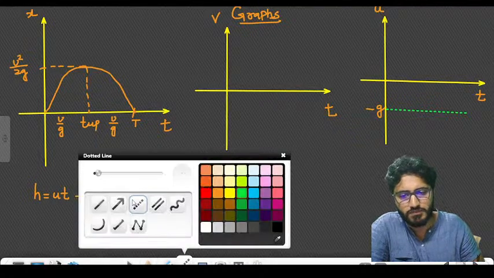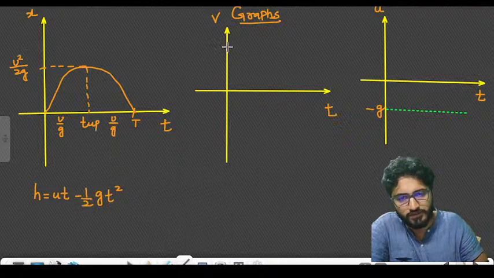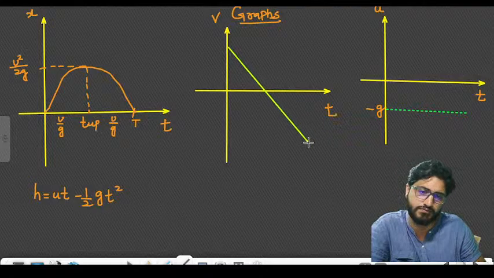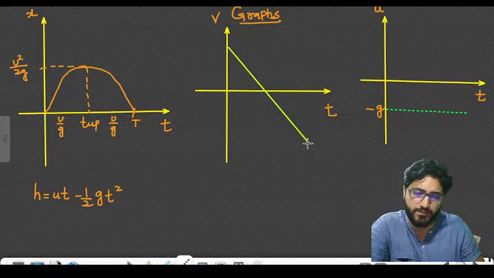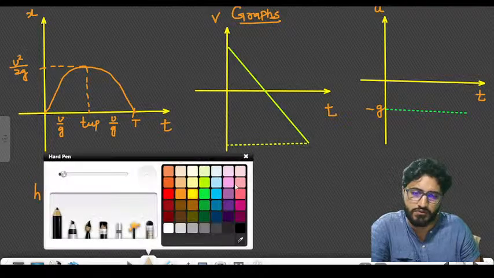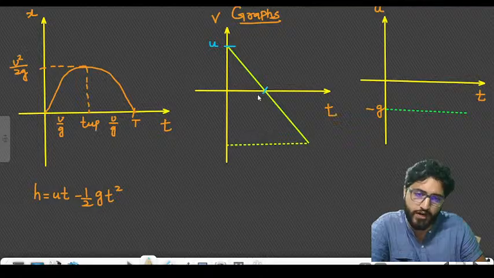Velocity. If you need to solve for velocity, velocity will be like this. How, sir? Look. You start your motion with velocity u. It reaches the topmost point at time u by g, and its velocity becomes 0.